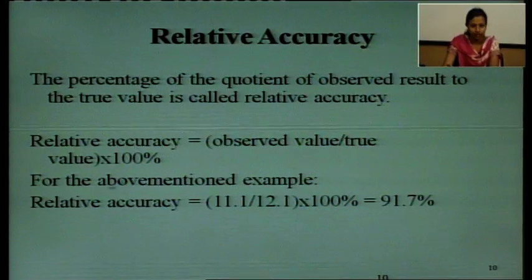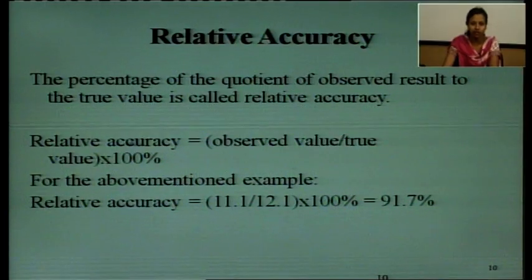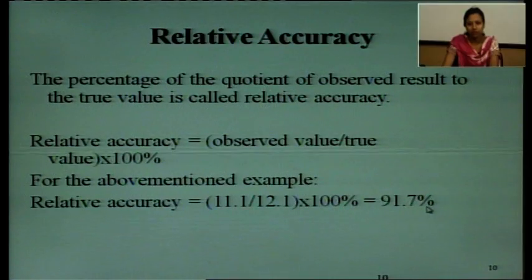Next is relative accuracy. It is the percentage of the quotient of the observed result to the true value. The true value is 12.1 and we observed 11.1, into 100. So it is 91.7%.